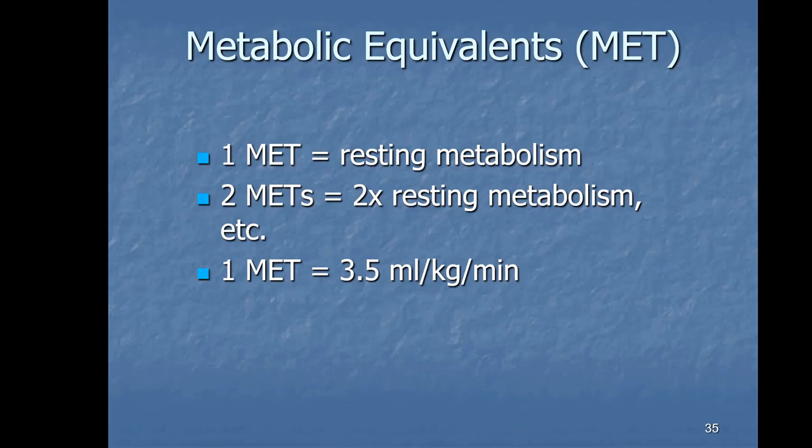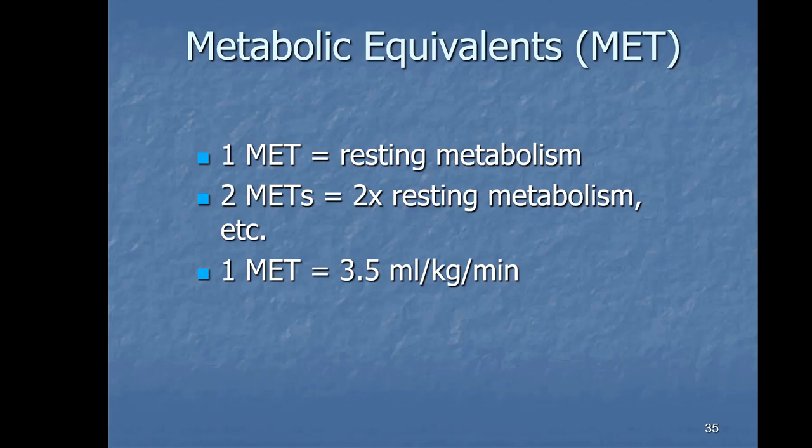So 1 MET is equal to about 3.5 milliliters per kilogram per minute, and that's why in that example I kept saying my resting metabolism is about 3.5 milliliters per kilogram per minute. Not everybody's is going to be 3.5, but it's a nice estimate of resting metabolism.